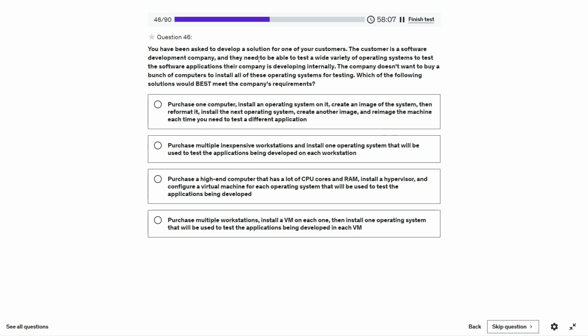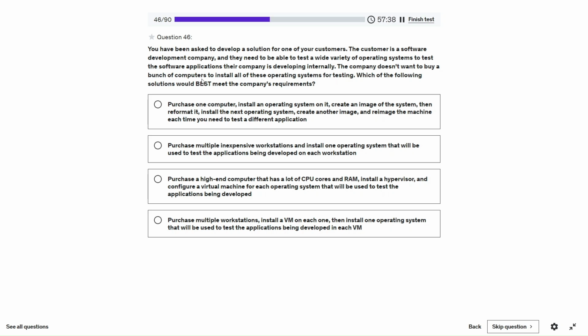You have been asked to develop a solution for one of your customers. The customer is a software development company and they need to be able to test a wide variety of operating systems to test the software application their company is developing internally. The company does not want to buy a bunch of computers to install all these operating systems for testing.